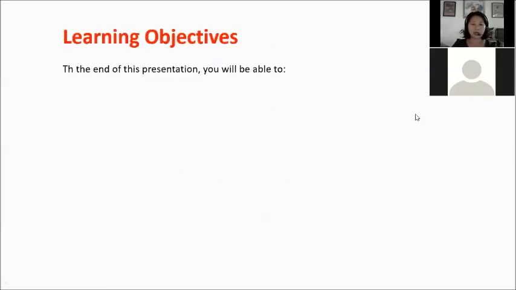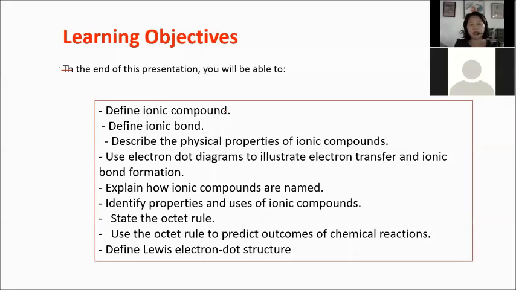For our learning objectives, at the end of this presentation, you'll be able to define ionic compound, define ionic bond, describe physical properties of ionic compounds, use electron dot diagrams to illustrate electron transfer and bond formation, explain how ionic compounds are named, identify properties and uses of ionic compounds, use octet rule, and define Lewis electron dot structure.